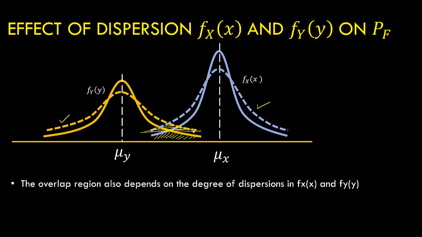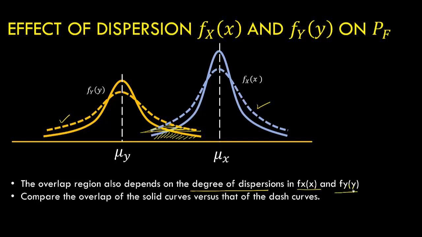So the overlap region also depends upon degree of dispersion of fx as well as fy. So we can compare the overlap of solid curve in this case and the dashed curve, and we found that the dashed curve has more area, and this means the probability of failure will be high for the dashed case.